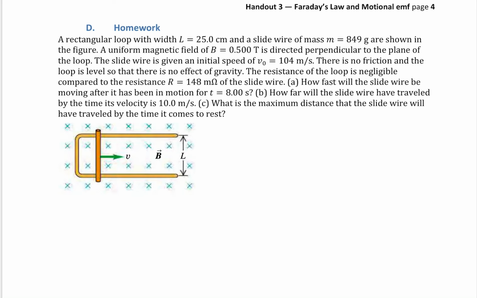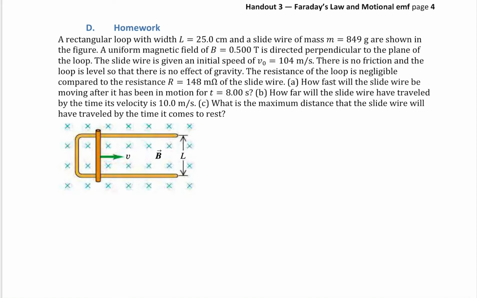How fast will the slide wire be moving after it has been in motion for 8 seconds? Okay. So thinking about this system, what's going to happen here? If the wire has an initial velocity, what will the magnetic field do to it?